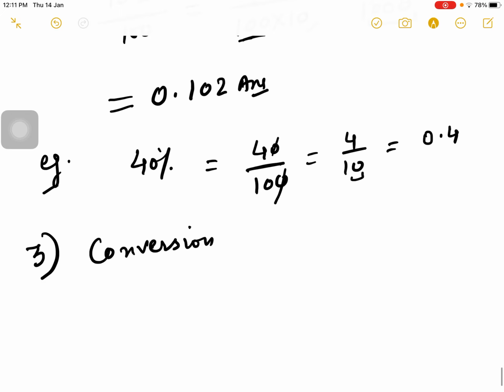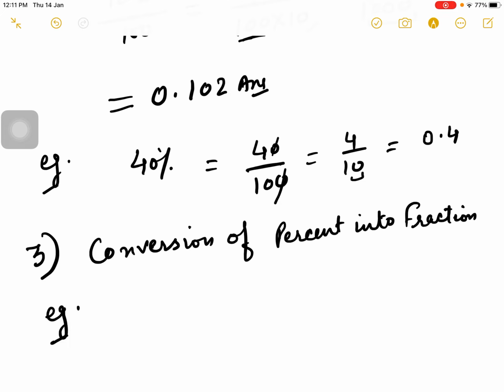Now the third topic for this video is conversion of percentage into fraction. Okay, so the example is percent into fraction.